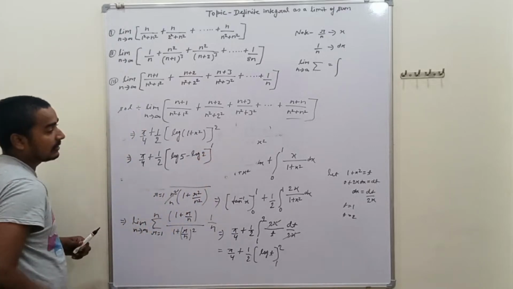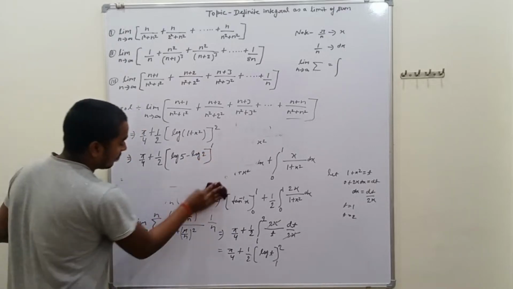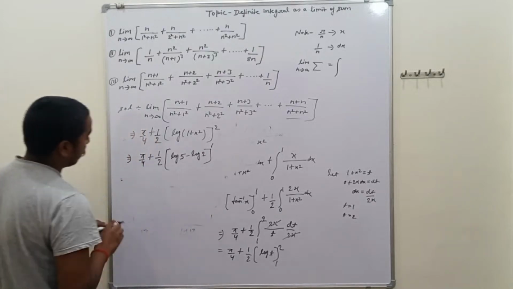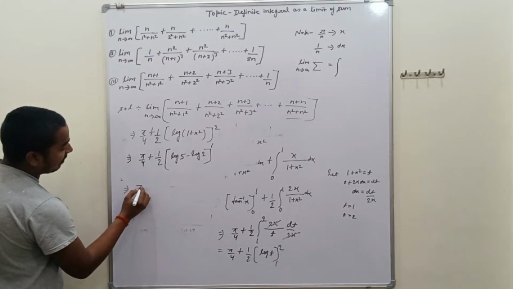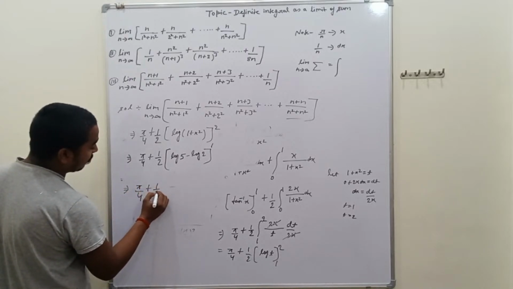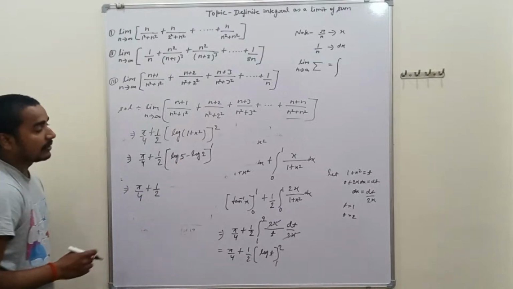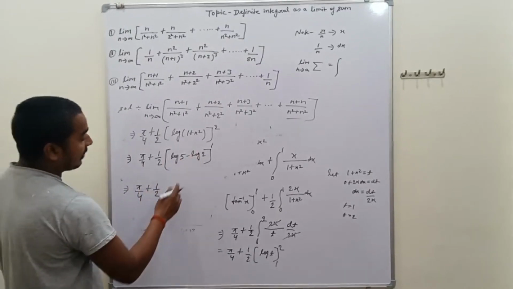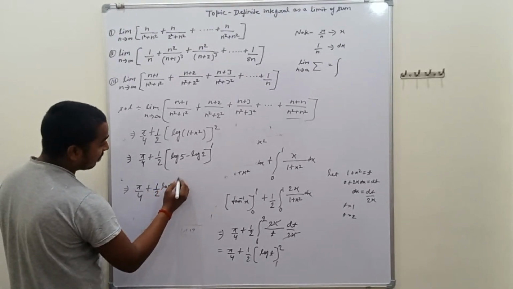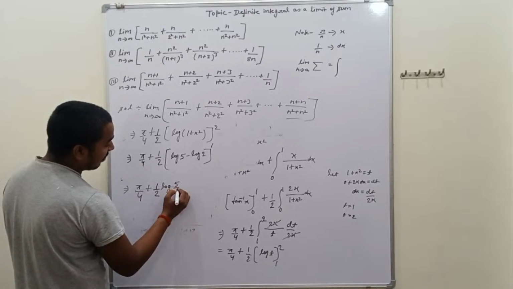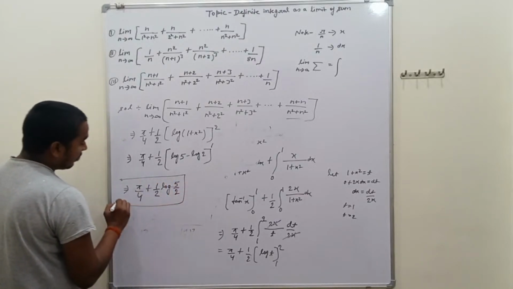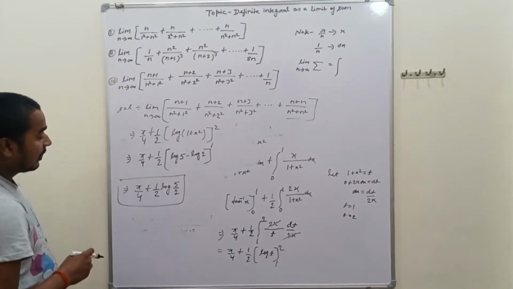Further we have to write pi by 4 plus 1 by 2, and using the property of log m minus log n, that is log m upon n, that is log 5 by 2. This is the required solution of the third problem.